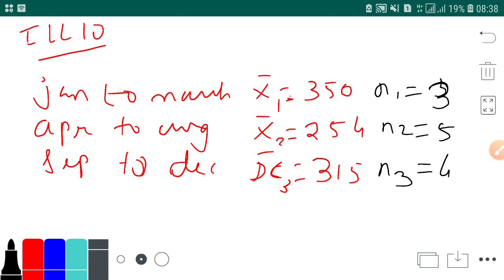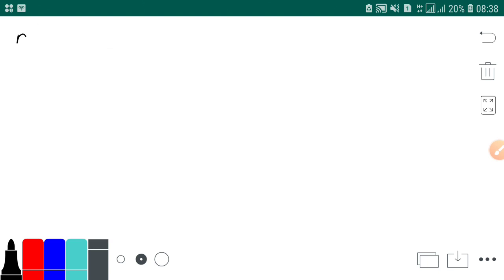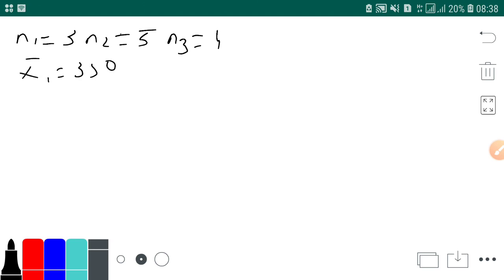Now you have 3 variables. Let's write the data of the question again. You have n1, n2 and n3, then you have x bar 1, x bar 2, and x bar 3.